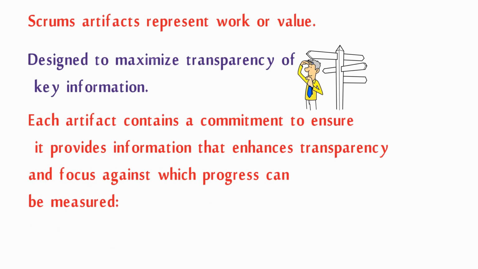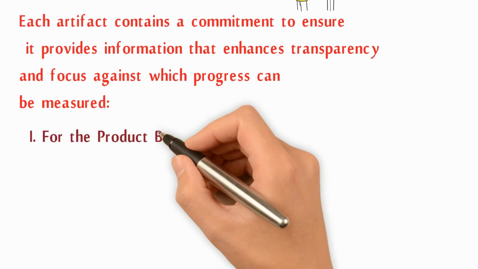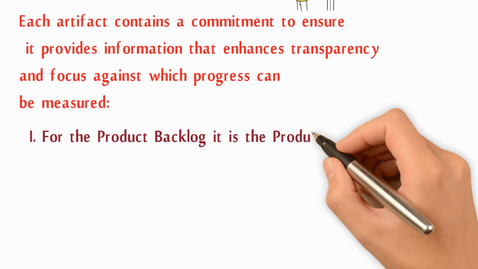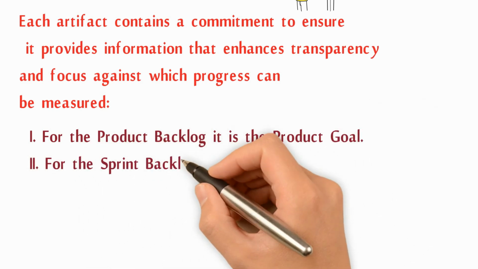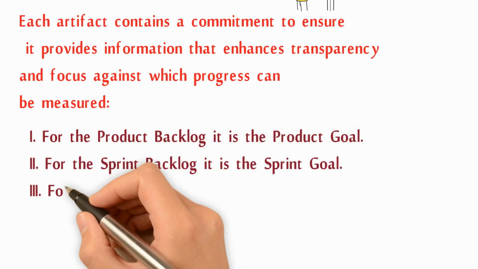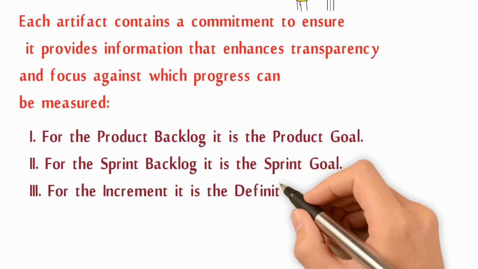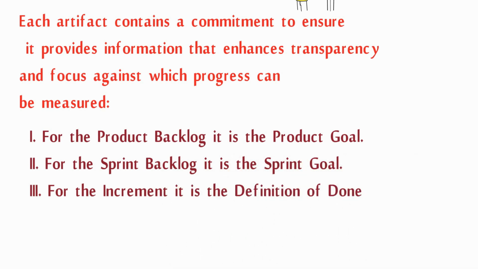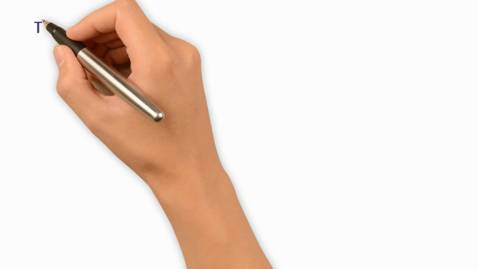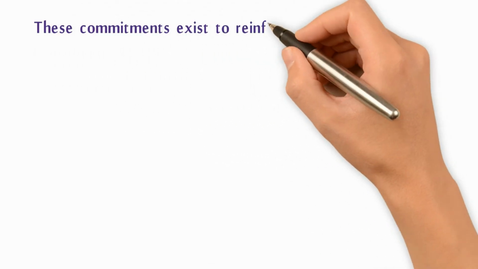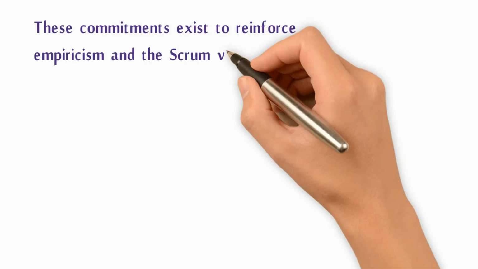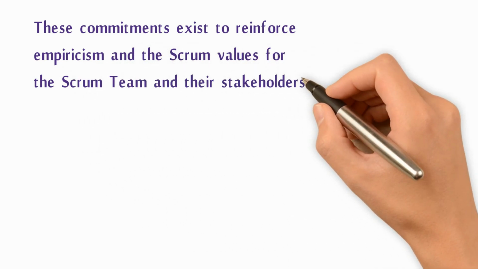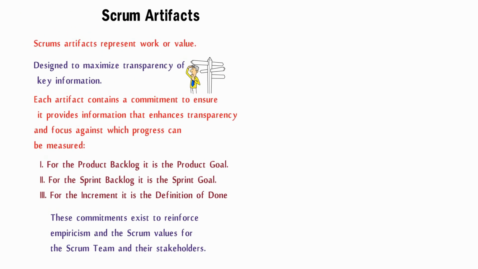For the product backlog, it is a product goal. For the sprint backlog, it is a sprint goal. For the increment, it is the definition of done. These commitments exist to reinforce empiricism and the Scrum values for the Scrum team and their stakeholders.